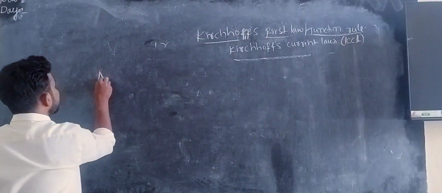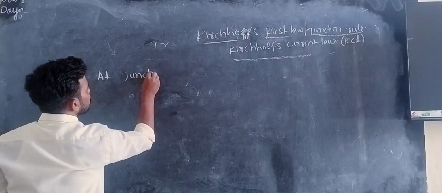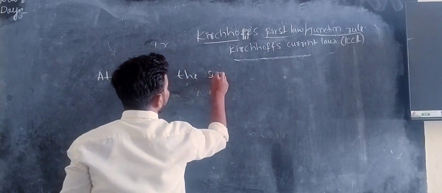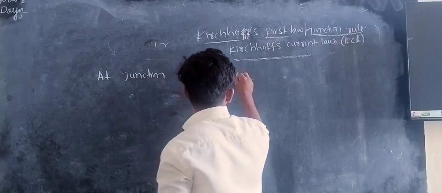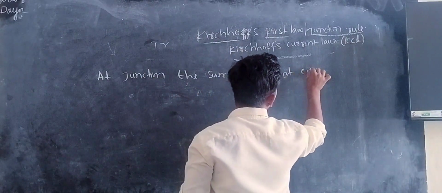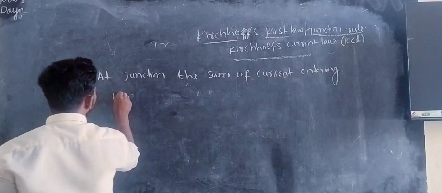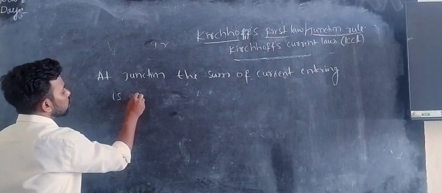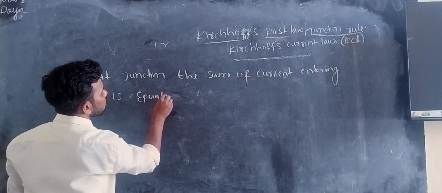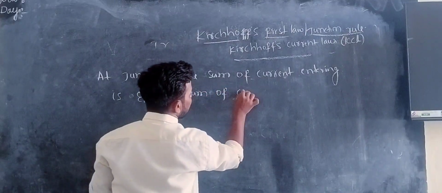At a junction, the sum of current entering is equal to the sum of current leaving.